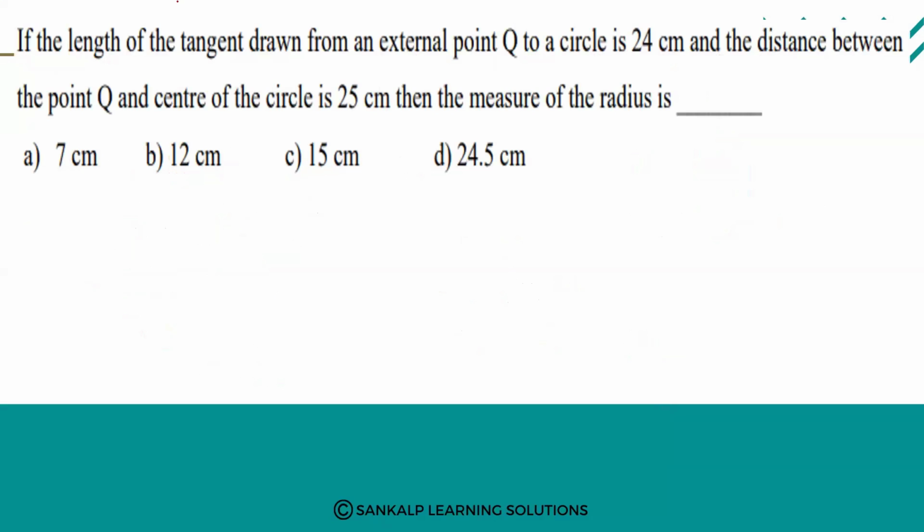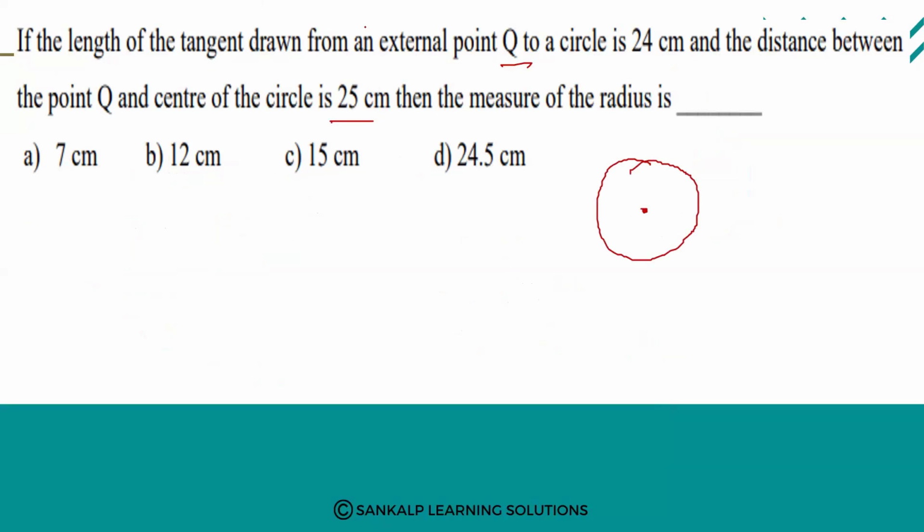Next one. If the length of the tangent drawn from an external point Q to a circle is 24 centimeter and the distance between the point Q and the center of the circle is 25 centimeter, then the measure of the radius is. See here what they have given: one circle is there. In that circle, one center is there, right?